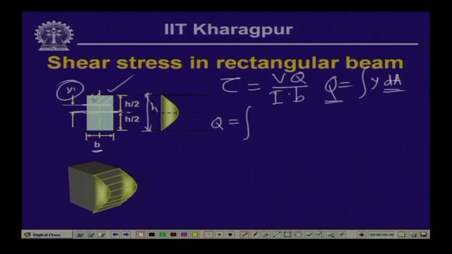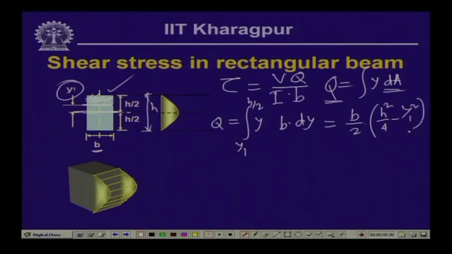For dA, if we take a small strip having width dy, then dA is equal to b times dy, and y varies from y 1 to h by 2. So, this is equal to b by 2 times y square, since y dy integrates to y square by 2, and y square goes from h square by 4 minus y 1 square. So, this is the value of Q.